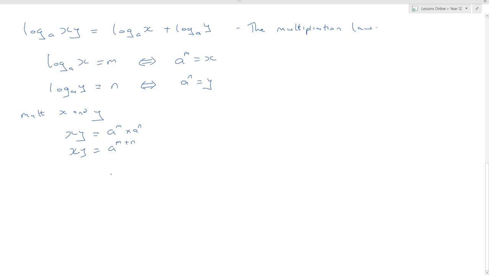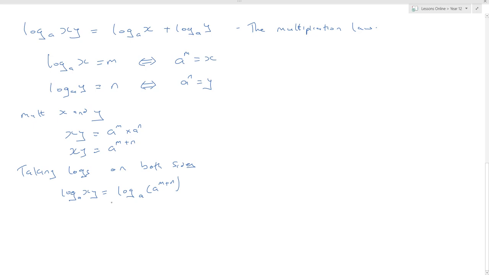Okay, so I'm going to take logs on both sides of the base a. Log to the base a of xy is equal to log to the base a of a to the power of m add n.